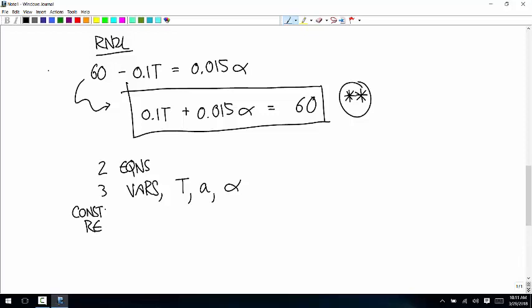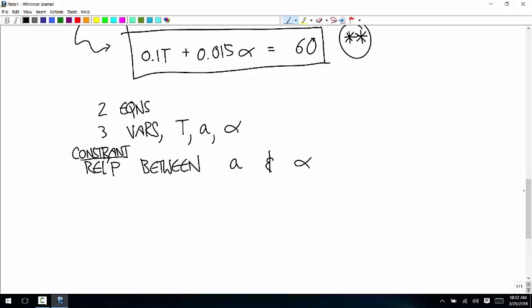So I just need to think about the sign, but A... yes, right. So the relationship between A and alpha, and you know that the acceleration of the mass is going to be the same as the vertical part of the acceleration of the point where the cable leaves the pulley.